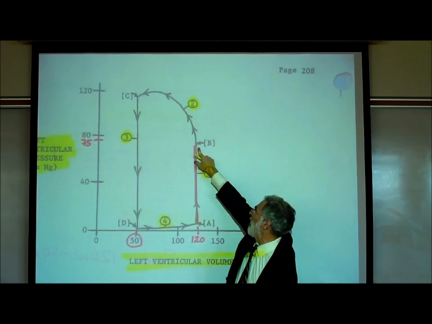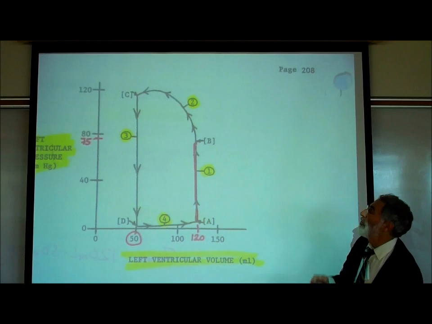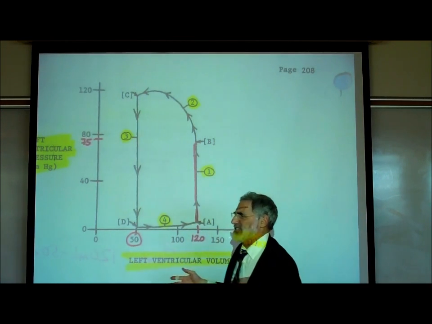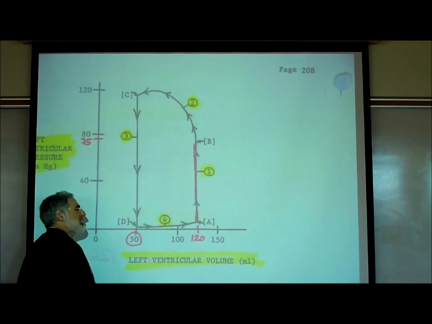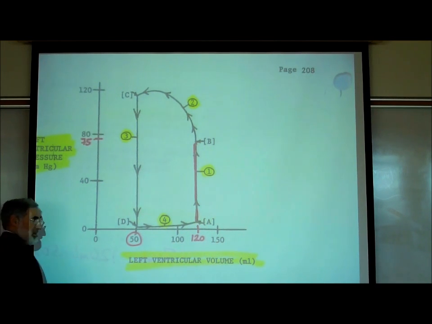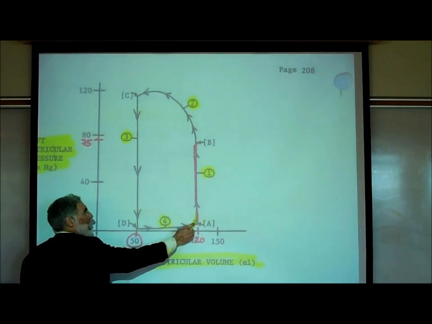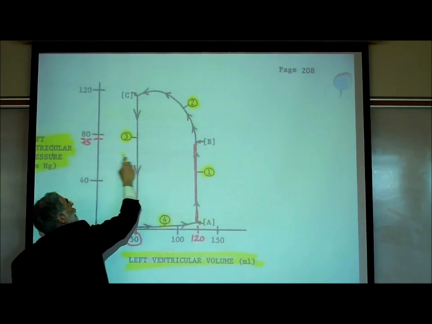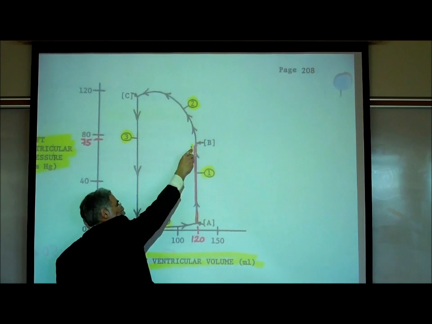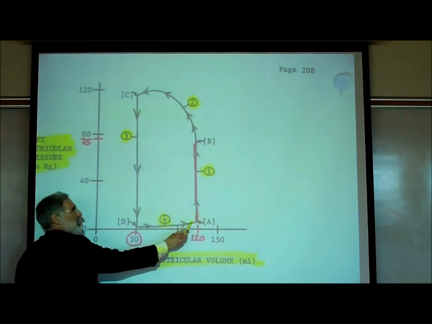This is phase 1. Now, in phase 1, you'd say, which phase is that? You're going to tell me. In this phase, what is happening to the pressure? It's increasing. It's going from about 0 up to about 70, 75, something like that. What's happening to the volume during this phase 1?